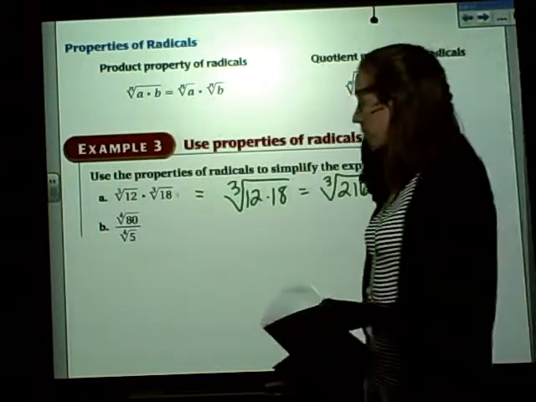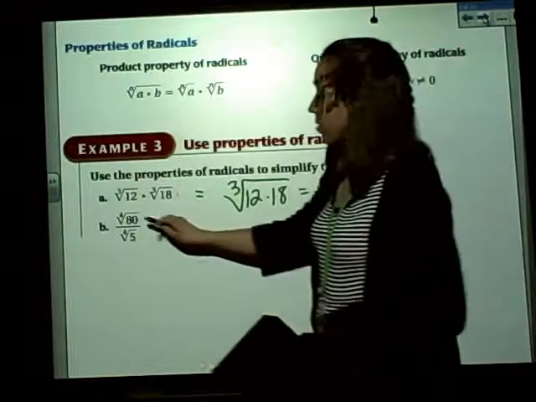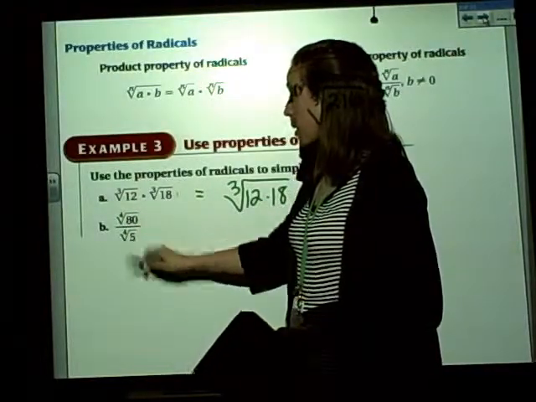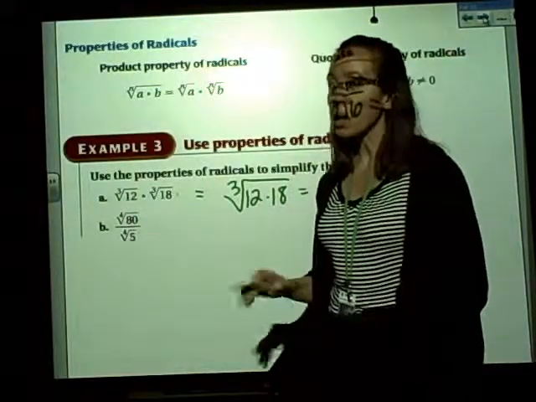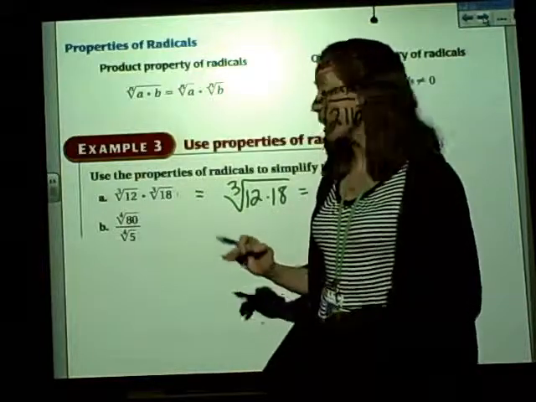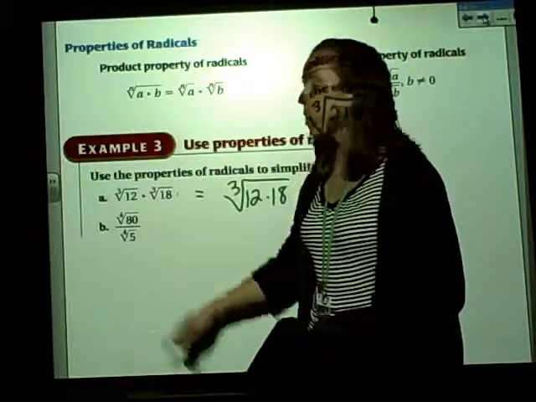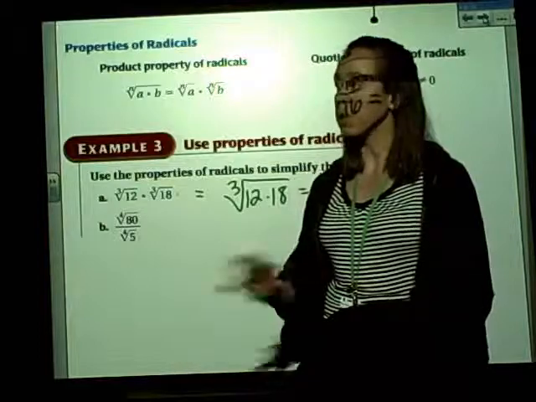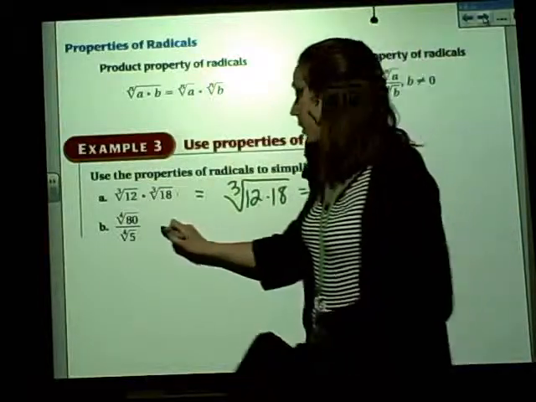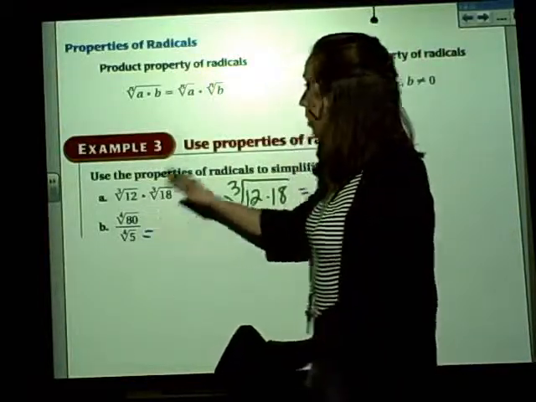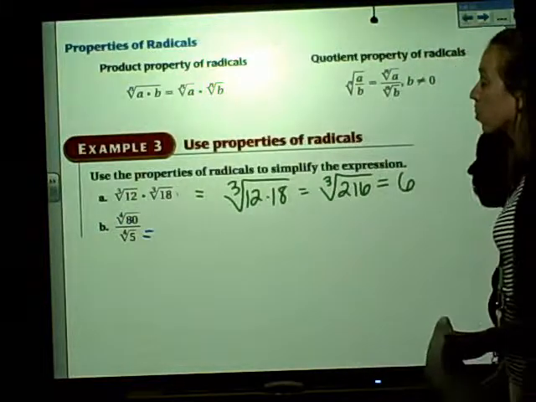Now for the bottom one here, we're taking the 4th root of the top divided by the 4th root of the bottom. I don't want to evaluate that right as it is because taking the 4th root of 5 would give me a decimal, and we don't want to deal with that anymore. So we are going to use the reverse of this quotient property.